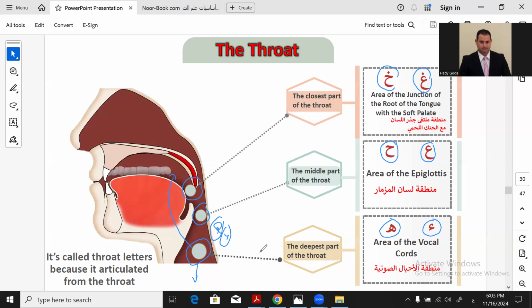We have a note here: when we pronounce letter Ha, the vocal cords are open. But when we pronounce letter Hamza, the vocal cords are closed.